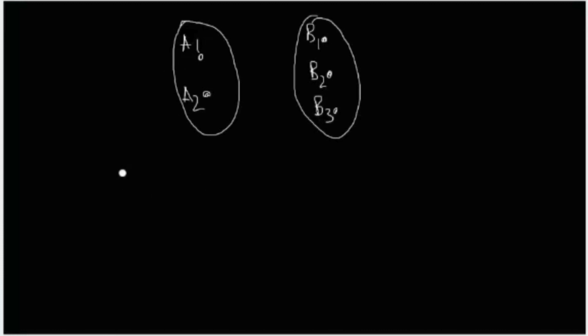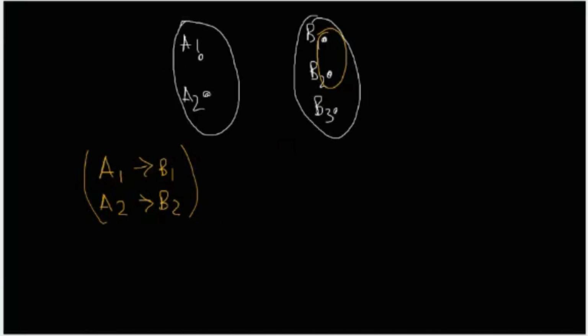So I select these two elements for my map. The first map is A1 goes to B1 and A2 goes to B2. And B3 is just there. It's not getting mapped to.